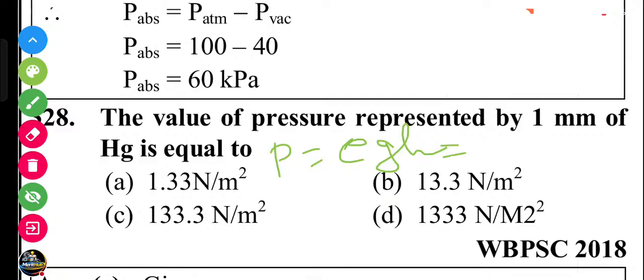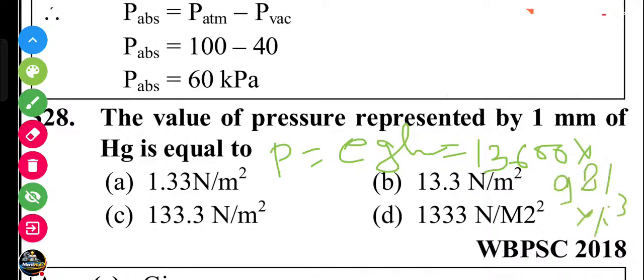The density of mercury is 13,600, and the height is 1 mm. So 13,600 into 9.81 into 10 to the minus 3.